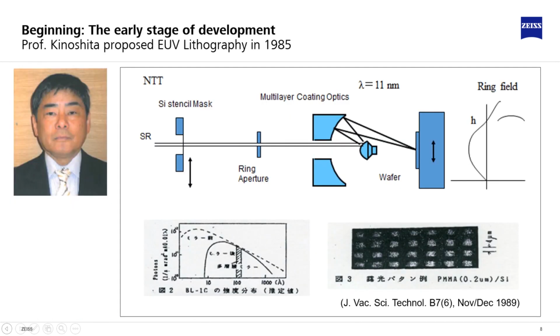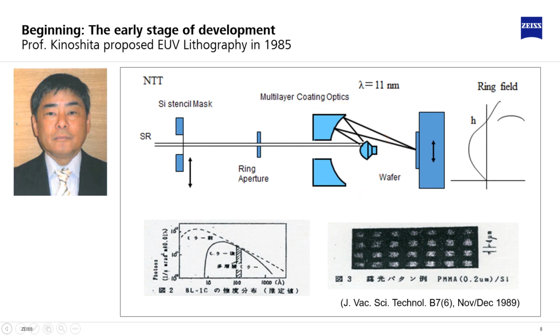In 1984, Professor Kinoshita from Japan began to consider seriously X-ray reduction lithography. The graphic shows the configuration of the very first experimental setup in Tsukuba, Japan. From left, synchrotron radiation is coming, and the mask was a transparent silicon stencil. Two X-ray mirrors were used for imaging.